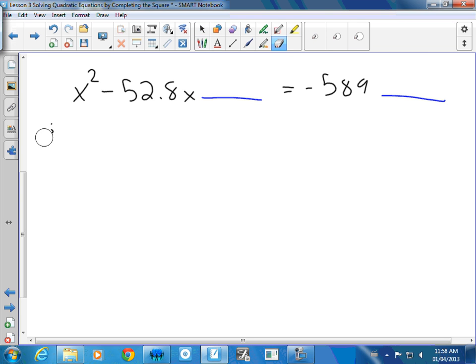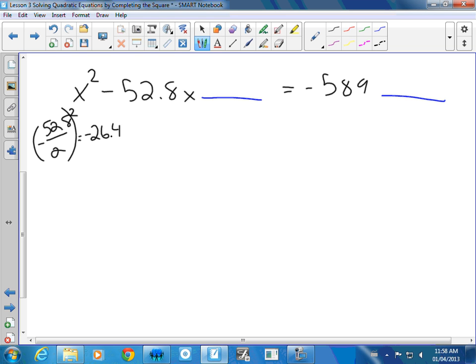We're going to square it. What is that? Negative 26.4 squared. What's a negative times a negative? Positive. So we end up with 696.96? Is that correct? Double check my math, please.